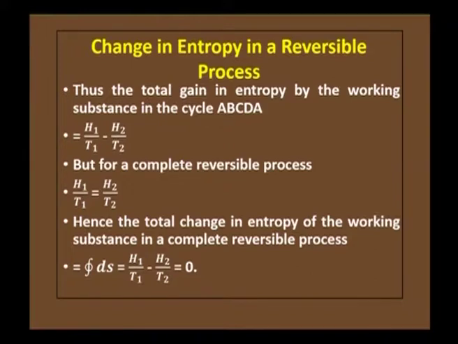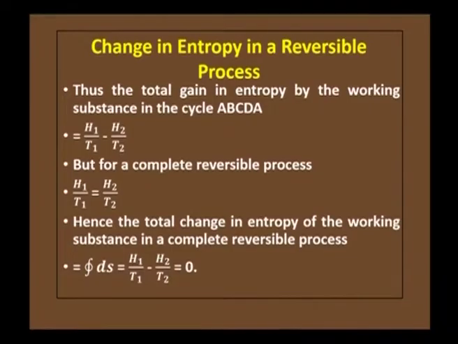But we know that for a complete reversible process, H1 by T1 is equal to H2 by T2. Hence, the total change in the entropy of the working substance in a complete reversible process is integral dS = H1 by T1 minus H2 by T2 = 0.